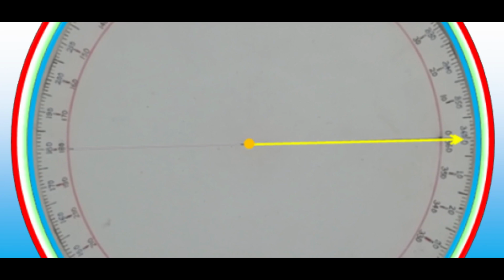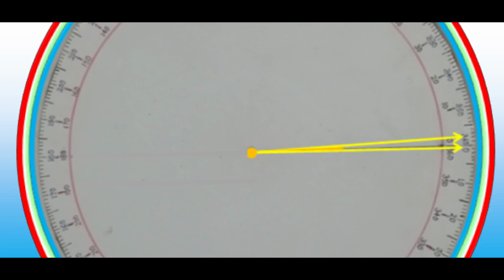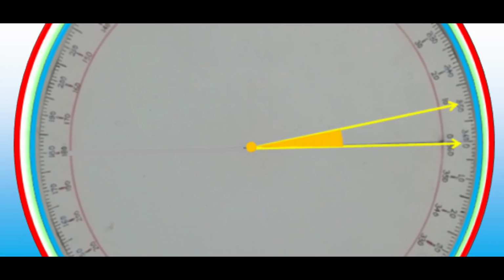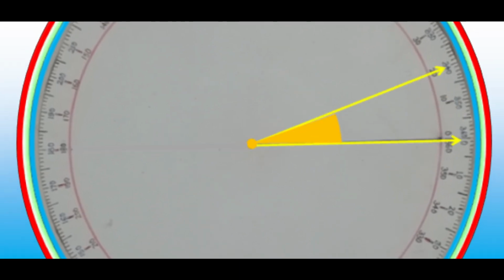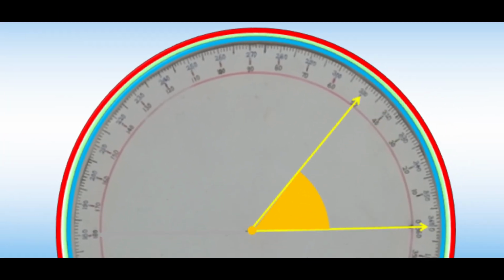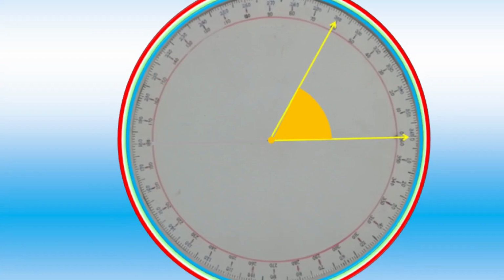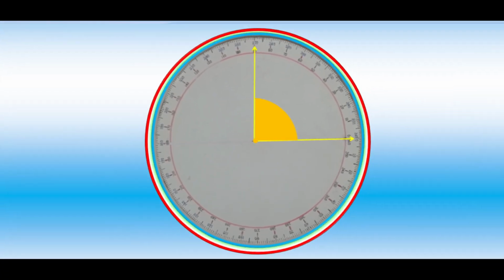As the second arm starts rotating, the angle increases through values 1 degree, 2 degrees, 5 degrees, 10 degrees, 15 degrees, 20 degrees, 30 degrees, 40 degrees, 50 degrees, 60 degrees, and so on. The angle becomes 90 degrees when the second arm directs upwards.